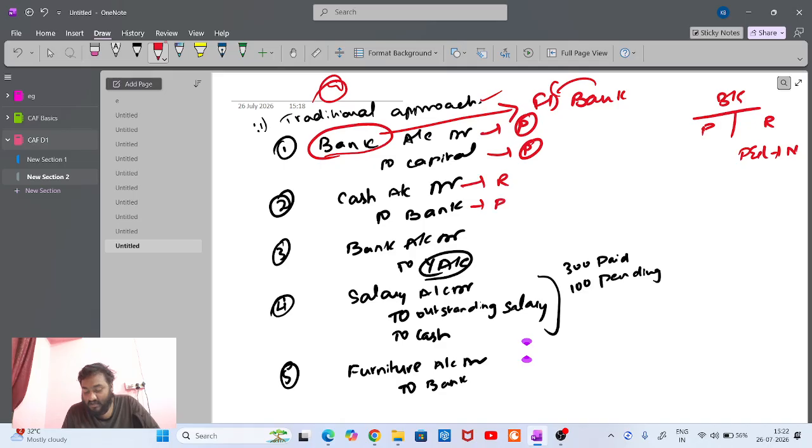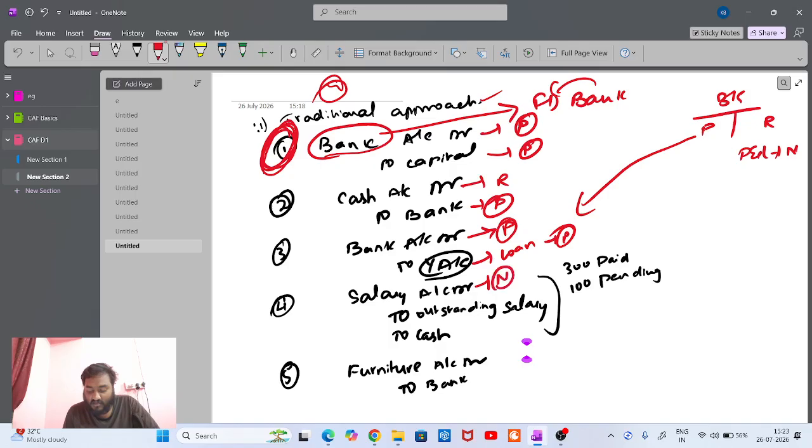Bank, personal account. Loan, liability, personal account. Salary, expense, nominal account. Outstanding salary is a liability. We have not paid, but we have to pay, so it is a personal account. Cash, real account; furniture, real account.